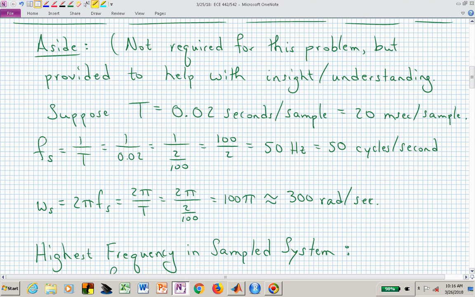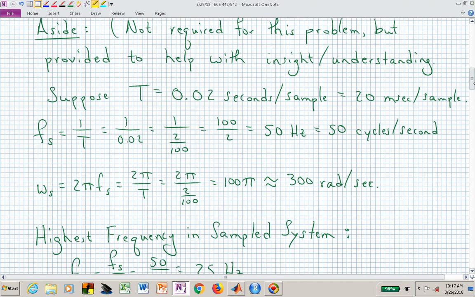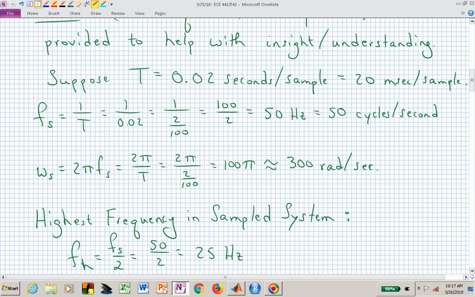This again is just an aside. If we wanted the sampling frequency in radians per second, that's our sampling frequency in hertz times 2 pi, or 2 pi divided by capital T. The 2's cancel, the 100 pops up, and we have a sampling frequency of 100 pi radians per second, which, if we round pi to 3, is roughly 300 radians per second.